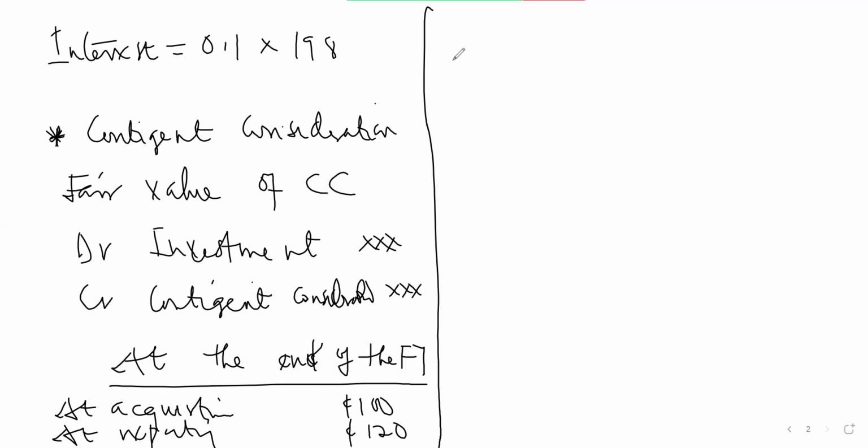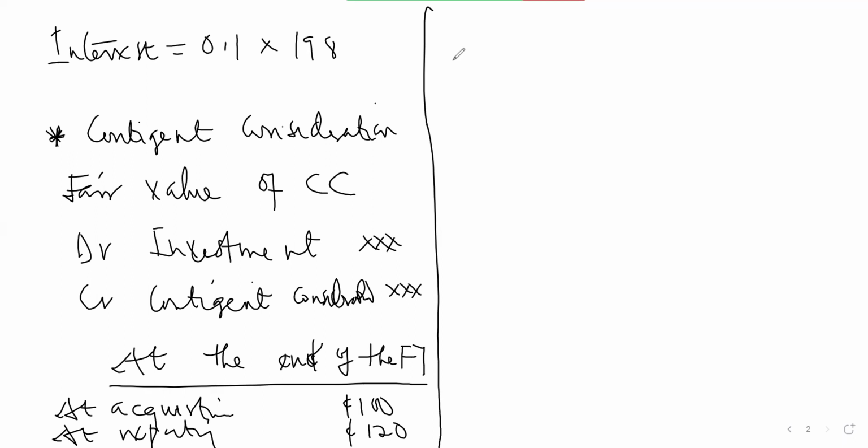The consideration. So it might be there is a loss in the fair value of the contingent consideration, or there is a gain in the fair value. So at the end of the year, you fair value. So there can be an increase or there can be a decrease. If there is an increase, it means that that is a fair value loss. That will be taken to the consolidated profit or loss for the parent.